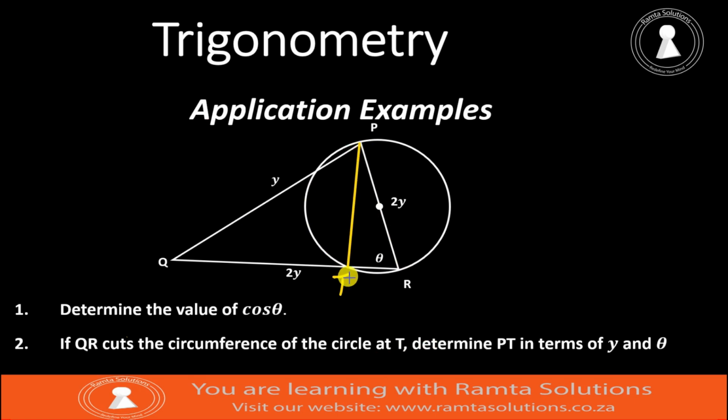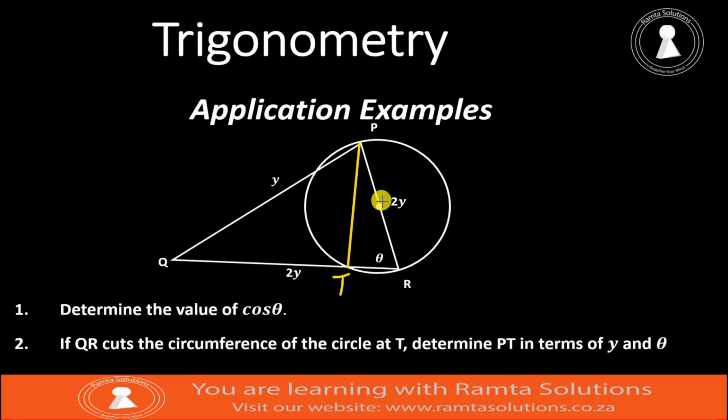From your Euclidean geometry theorems, there's a theorem, I think it's theorem 4, which says angle in a semicircle. Remember the angle subtended by PR at the center is 180 degrees, and the angle subtended by PR at the circumference we don't know as yet.